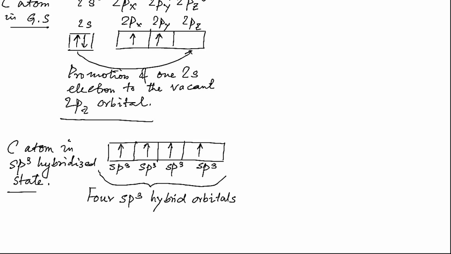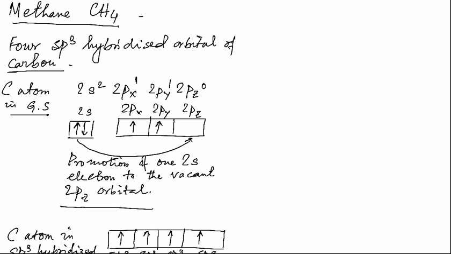Like a p orbital, each hybrid orbital has 2 lobes, one of which is quite big and the other shrinks down to a negligible size. All the 4 hybrid orbitals being identical, they have the same energy, the same shape, but differ in their orientation in space with respect to each other. The angle between any 2 axes of the sp3 hybrid orbitals is therefore 109 degree 5 minutes.